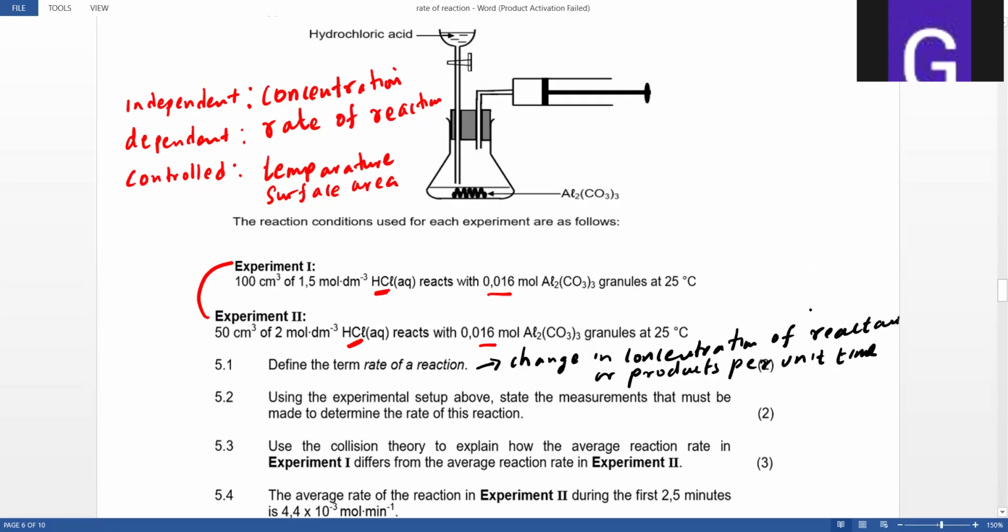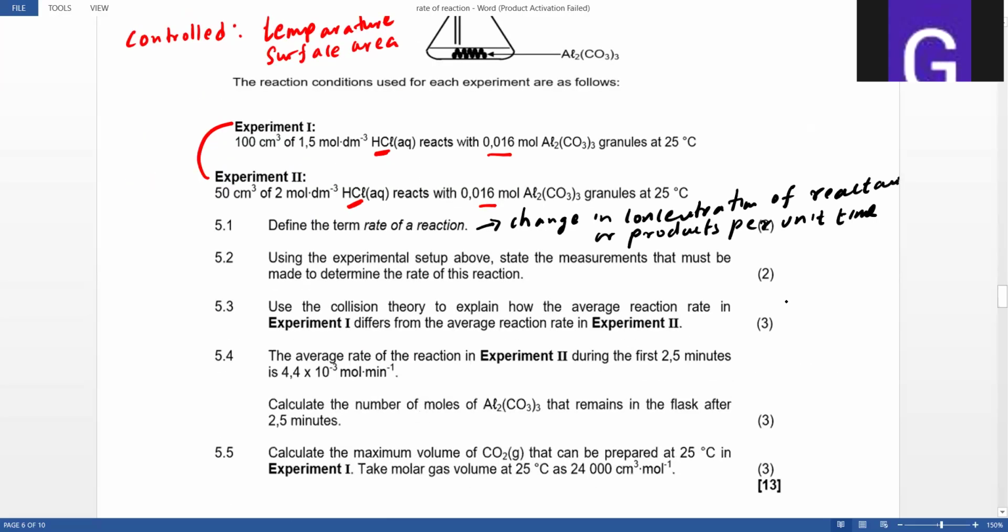Okay. Then secondly, using the experimental setup above, state the measurement that must be made to determine the rate of this reaction. So actually we need to tell about the method that was used to measure the rate of reaction here.